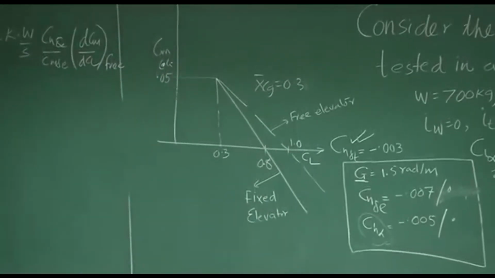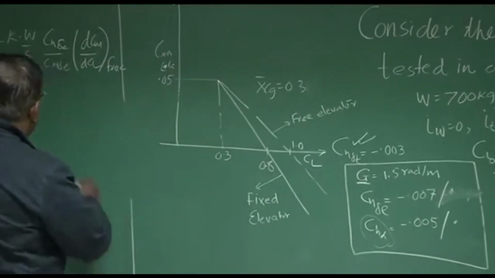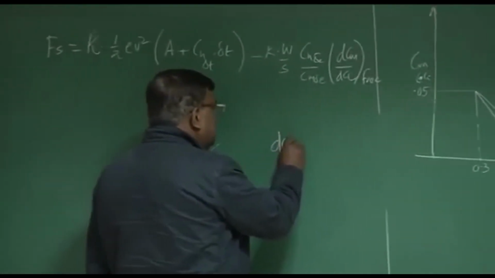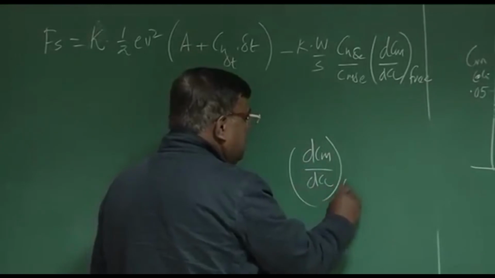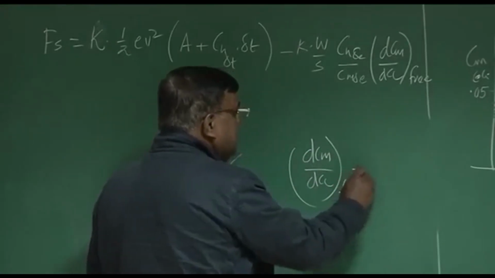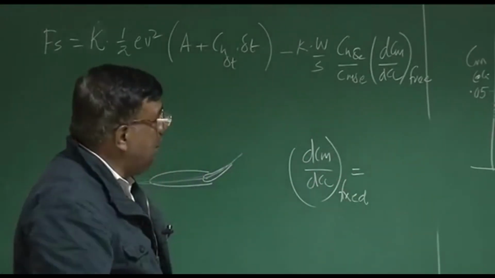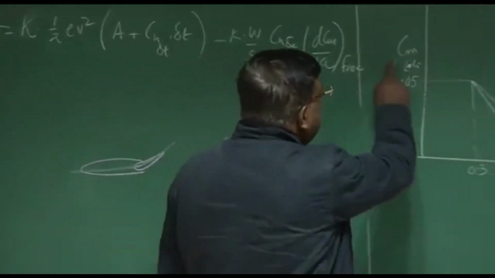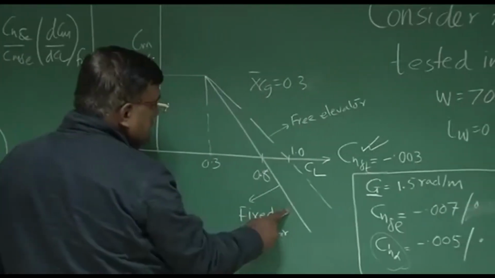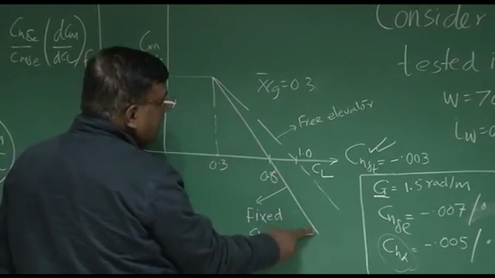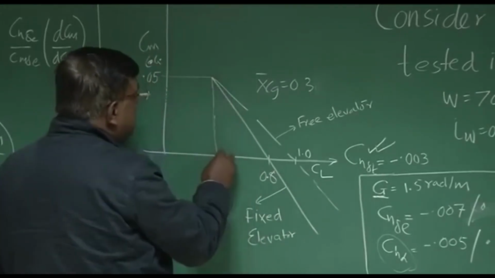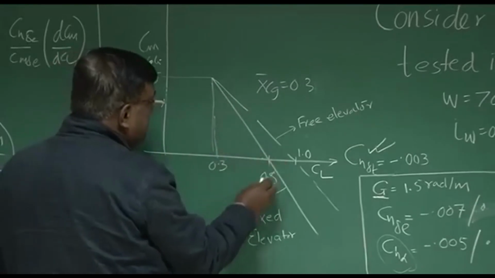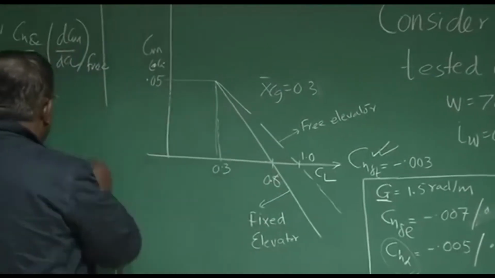Now they have given some numbers also. If I want to know what dCm by dCl fixed is from this diagram, fixed means elevator fixed, stick fixed, all are the same thing. So this is Cm given, this is Cl given. This is the fixed elevator case, or what we call stick fixed. dCm by dCl will be the slope, y by x.